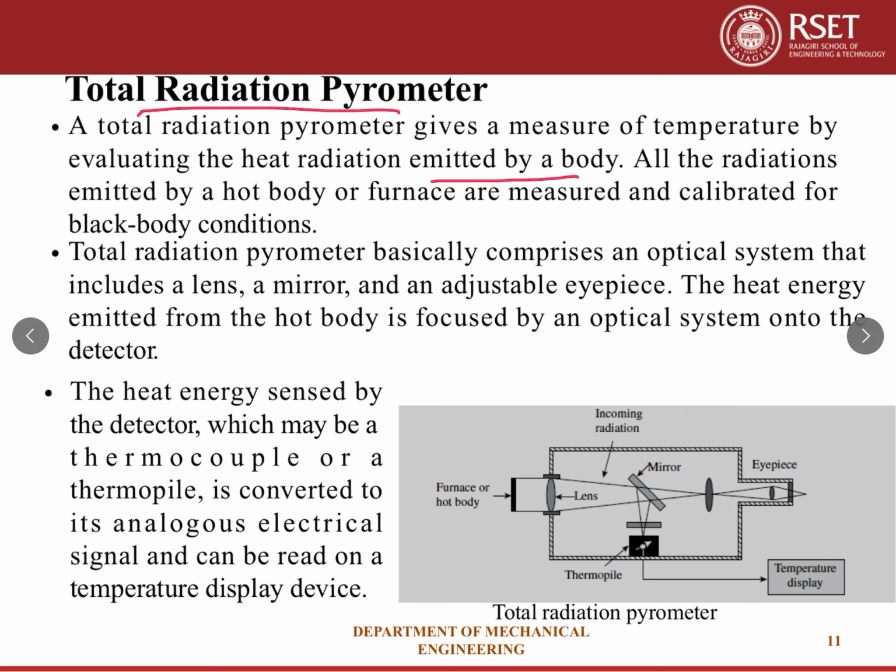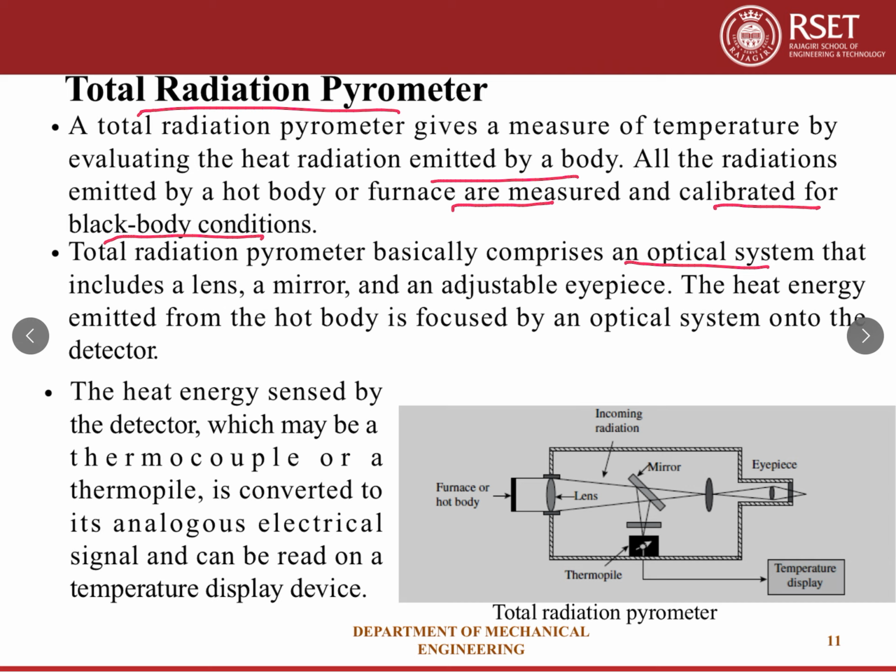So all radiation emitted by the hot body or a furnace is measured and calibrated using black body conditions. The total radiation pyrometer basically comprises an optical system that includes a lens, a mirror, and an adjustable eyepiece. The heat energy emitted from the hot body is focused by the optical system onto the detector.